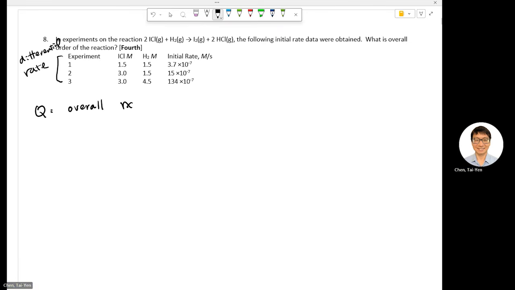When you write out the rate law for this reaction, it has this form: rate equals the rate constant k times your reactant. The reactant here is ICl, let's say to the x power.